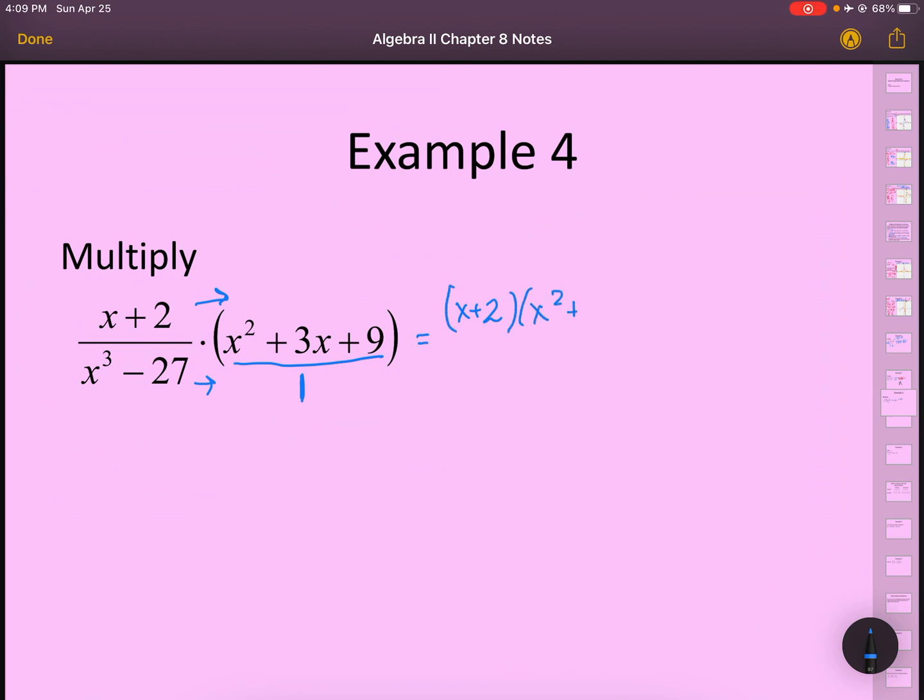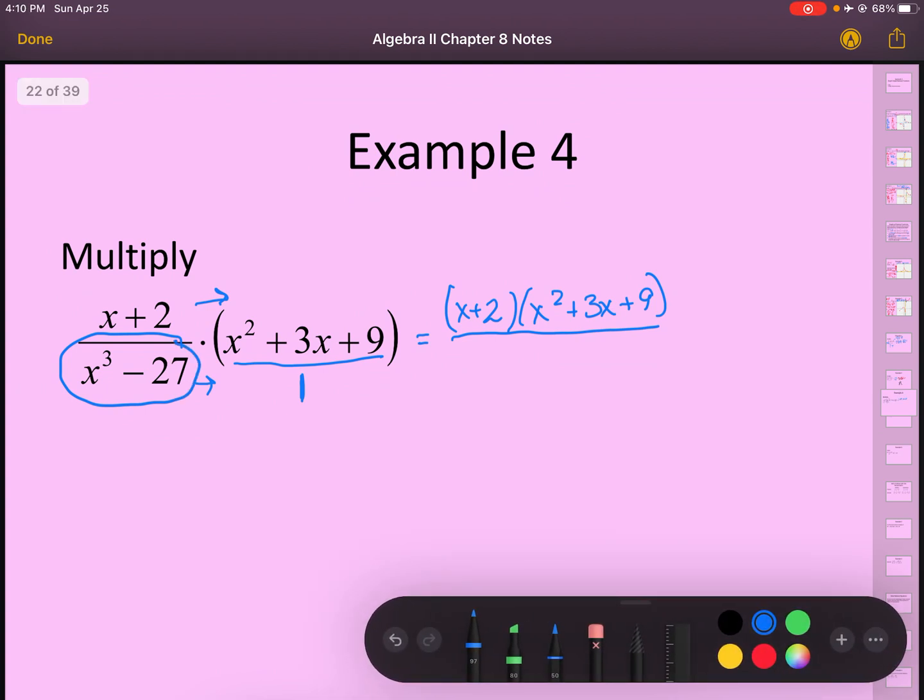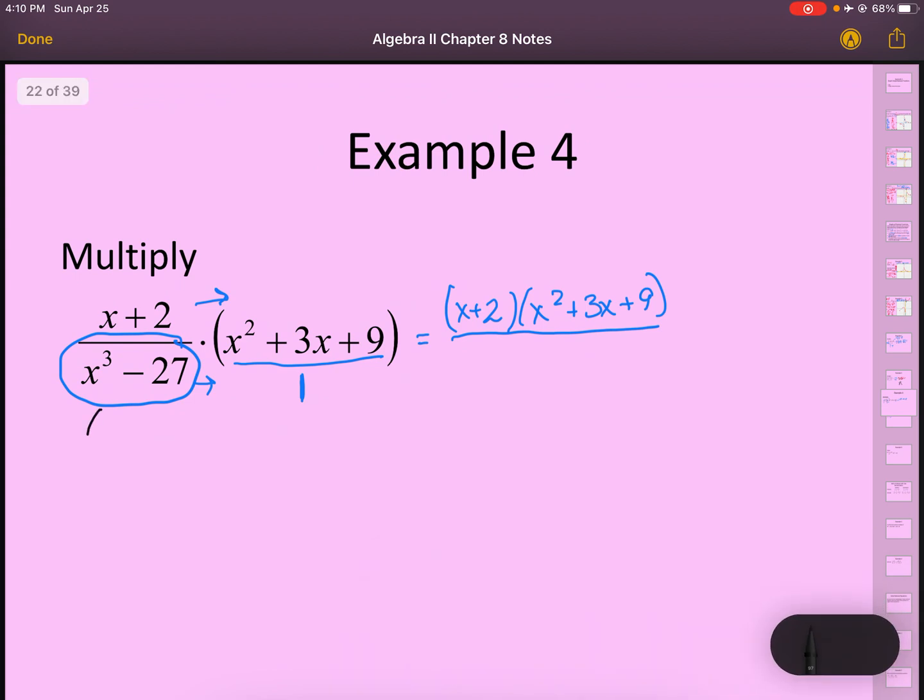If you try to do the x method on it, it won't work. No factors of 9 can add to 3. And then the bottom, I just got x cubed minus 27 times 1, which is still itself, but this x to the third power minus 27, this is a sum, or actually a difference of cubes.